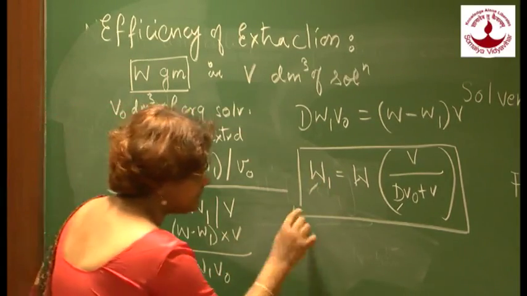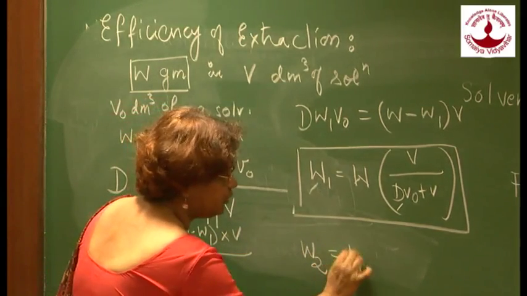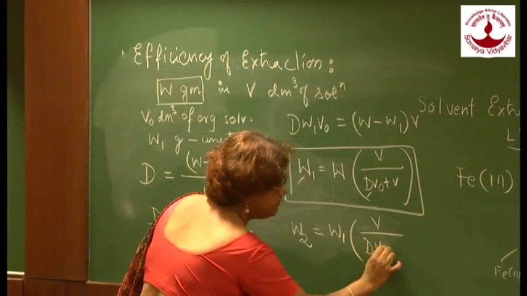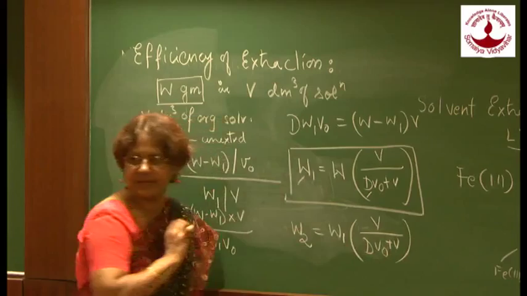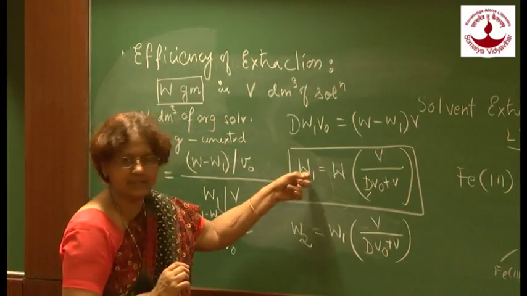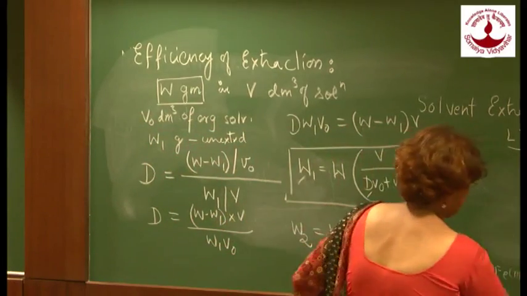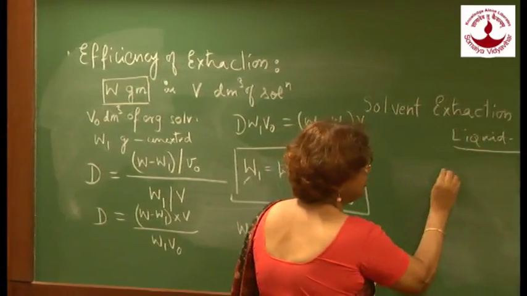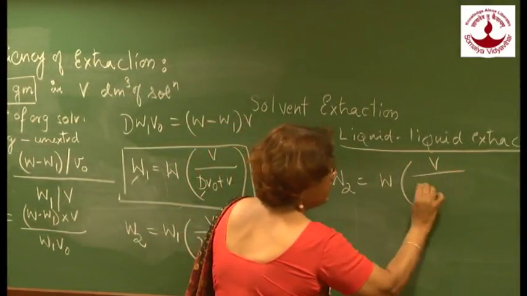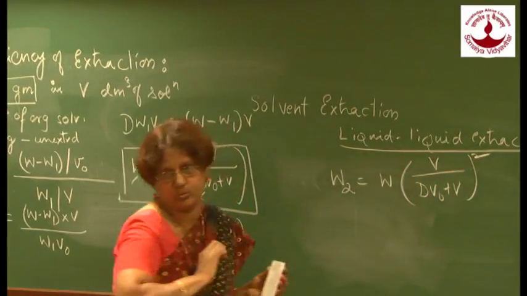So what will happen, since it is a second extraction, W2 is equal to W1 V upon D VO plus V. Right? Now substituting for W1 from this expression, you will get W2 is equal to W times V upon D VO plus V, raised to 2.